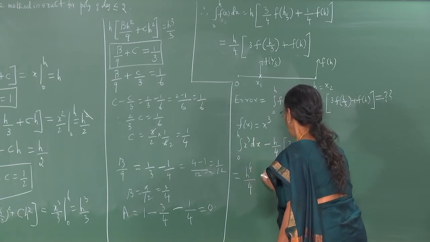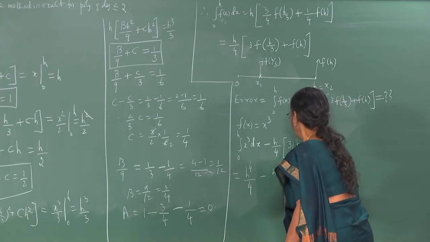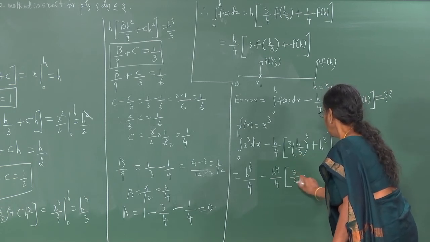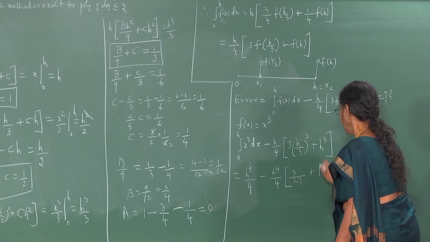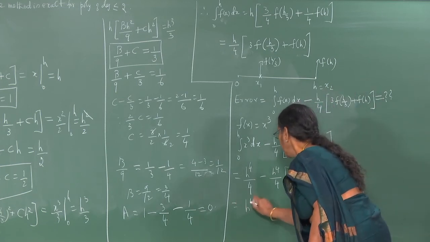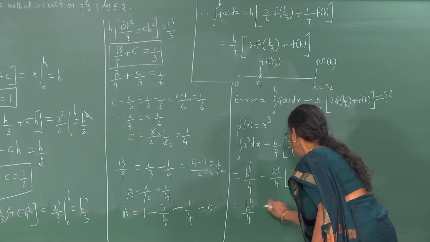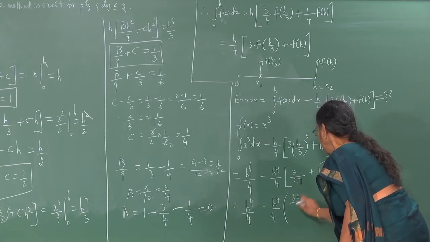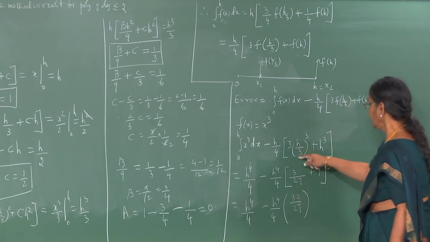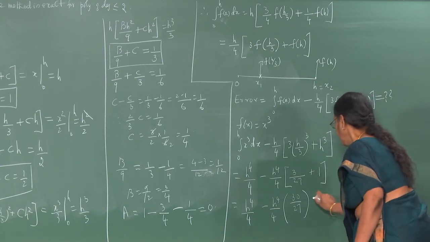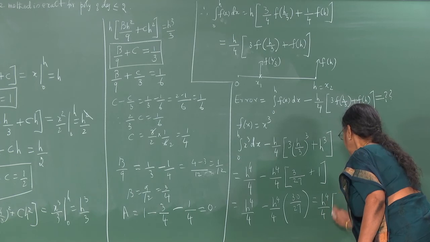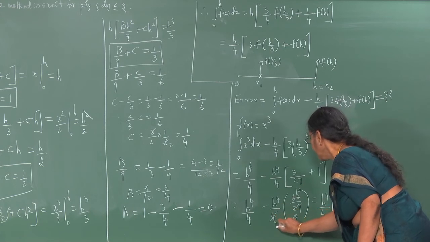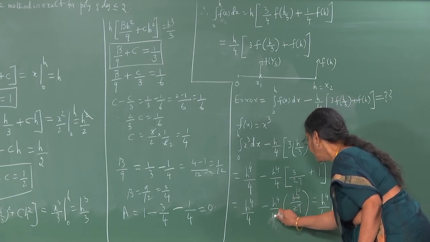So, it is h power 4 minus h power 4 by 4 into 3 by 27, 1 by 3 cubed plus 1. So, that gives you h power 4 by 4 minus h power 4 by 4 into 30 by 27, which gives you h power 4 by 4 into, let us simplify, or we can keep h power 4 by 4 as it is.